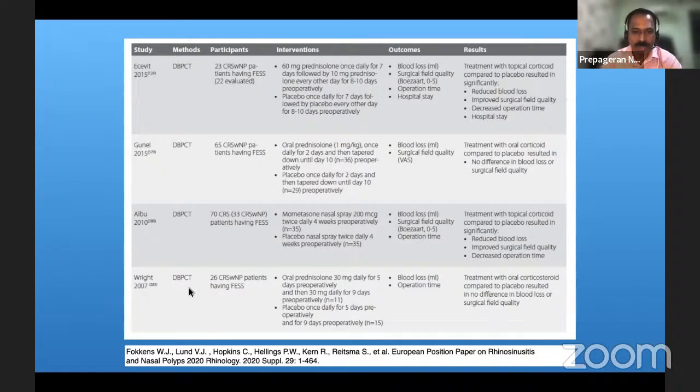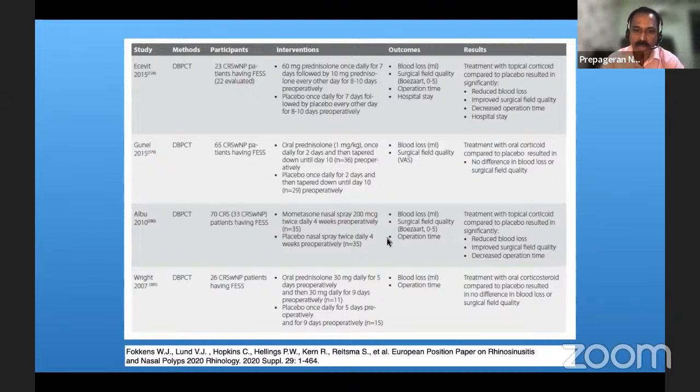This is a paper that was published in 2007. It's an oral steroid that was given at 30 milligrams for 5 days, and then 30 milligrams daily for 9 days pre-operatively as well. They compared it to a placebo for the same duration, and they found that there was no difference at all as far as the blood loss and surgical field quality.